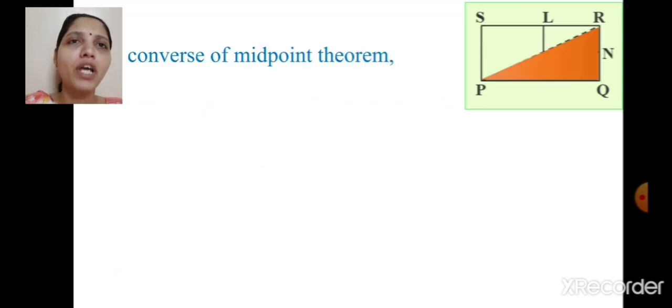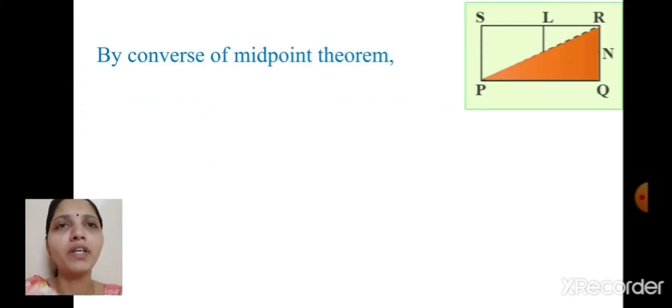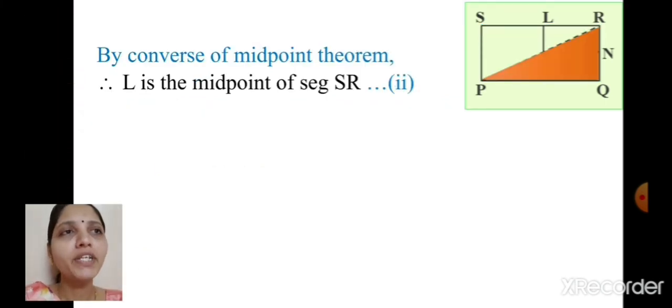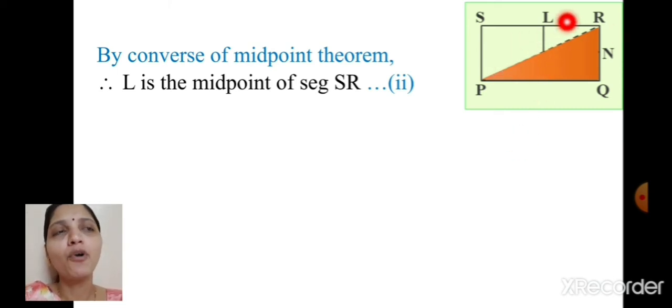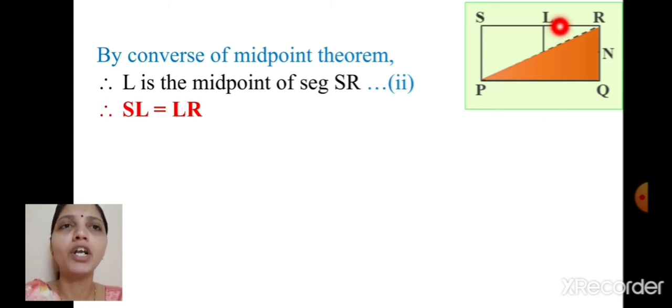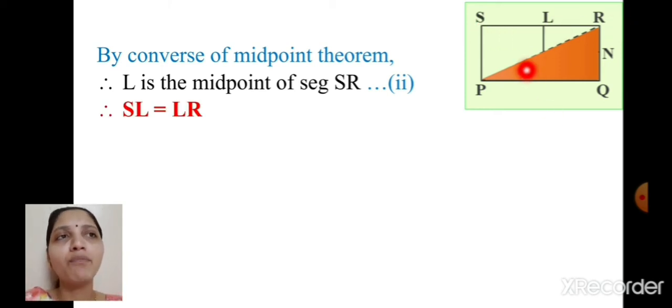Okay, so therefore by converse of midpoint theorem, point L is the midpoint of seg SR. Now point L is the midpoint, that means we can write here SL is equal to LR. Hence we have proved the first part. Now let's see the second part.